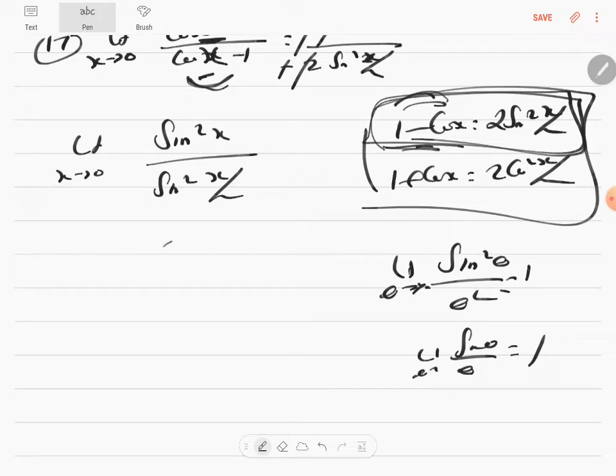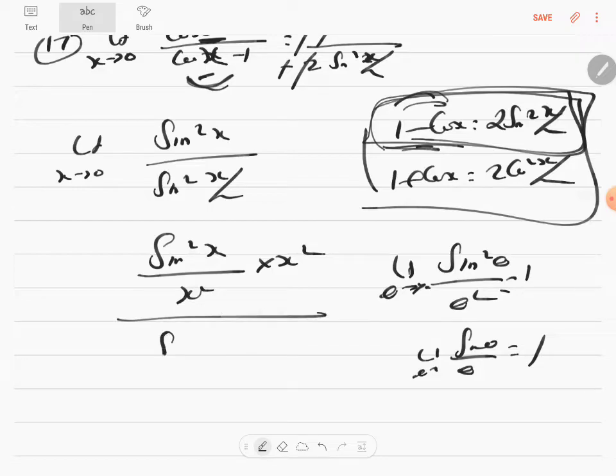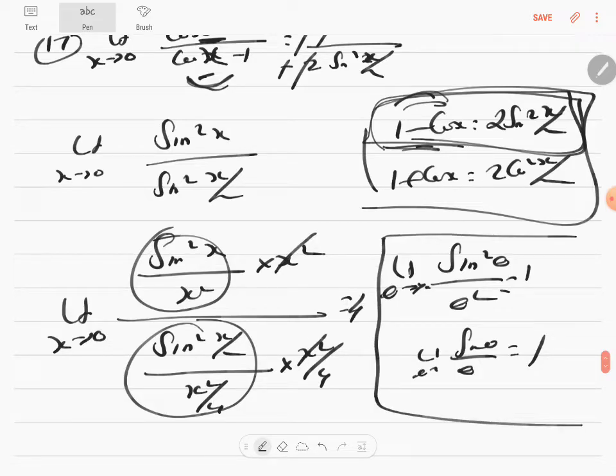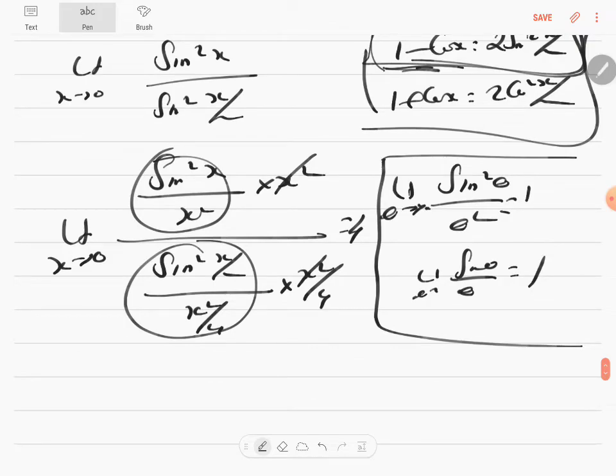So sin square x by, what is theta square? x square. So multiply and divide by x square by a sin square x by 2. What is theta square? x square by 4 into x square by 4. This itself is 1, this itself is 1. x square gets cancelled, the answer is 4. Correct? Are you clear? Okay, let's go to the next sum.